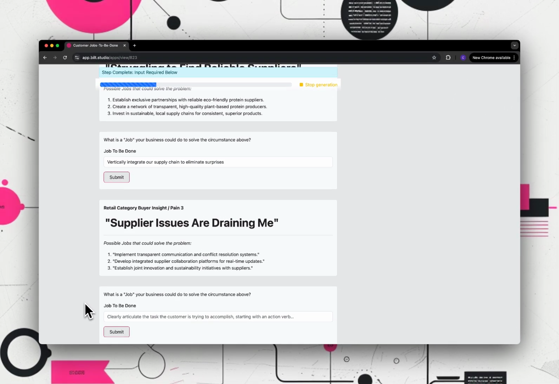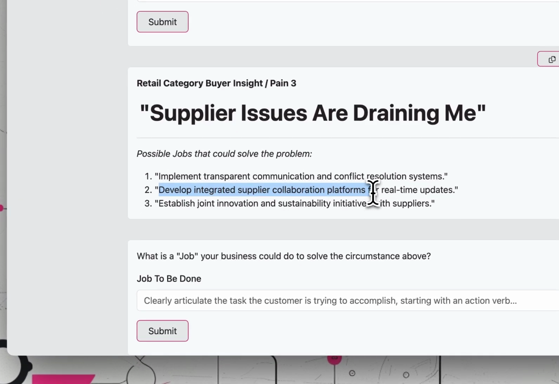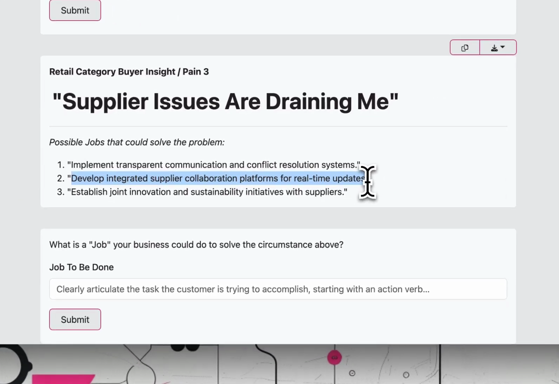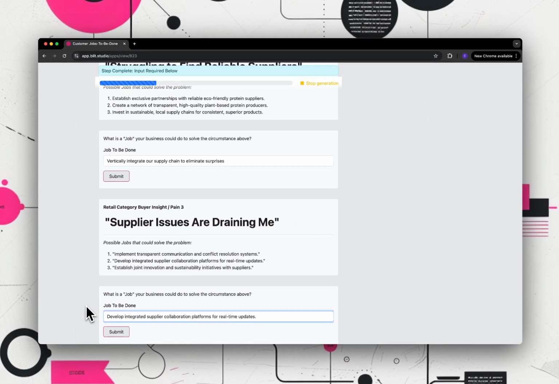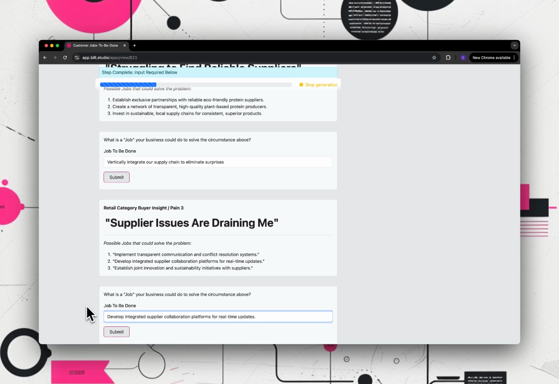Pain point number 3. This was the hiccup, so I could use that same thing, or I could take something here like develop integrated supplier collaboration platforms for real-time updates. That is something that we have within our organization, so I'll use that since we are both a manufacturer of ingredients and creator of the finished product.